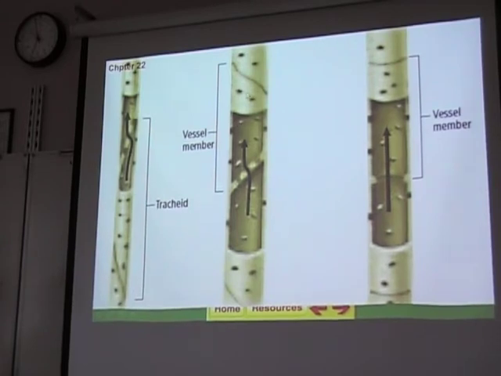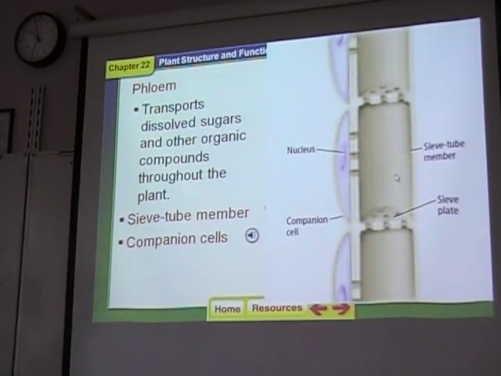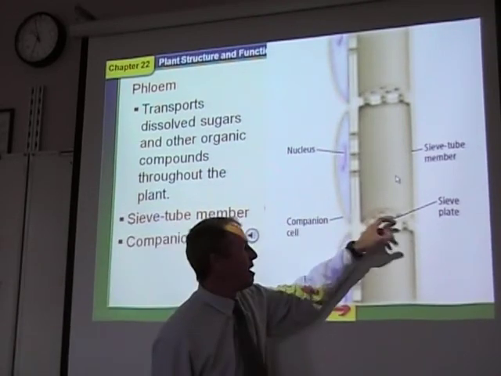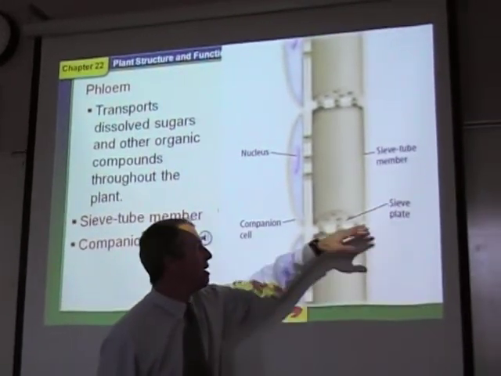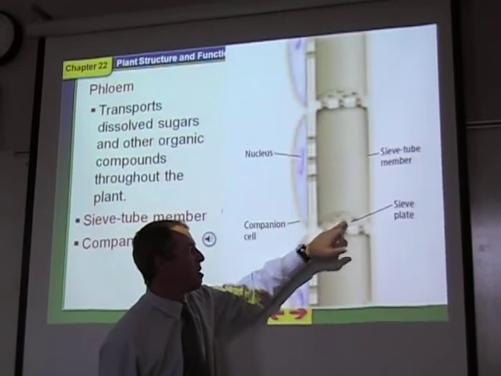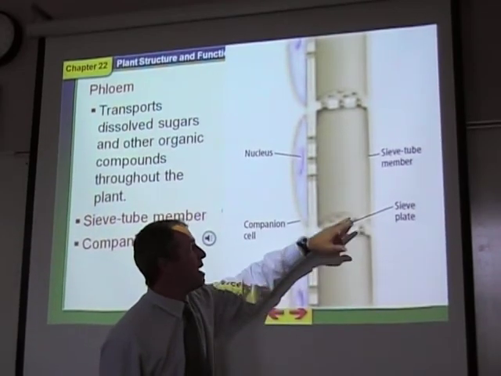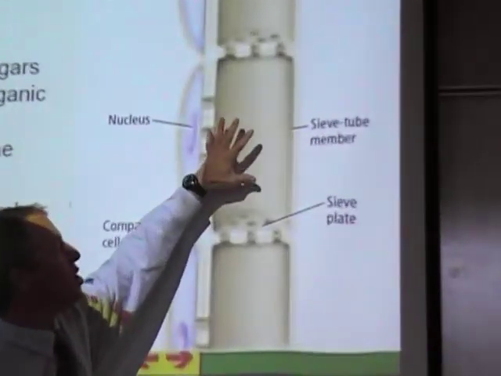These vessel members are very much like sieve tube members. They're very similar. There's a little plate on the bottom called the sieve plate that looks like the top of a salt shaker. And the gooey, sugary fluid moves down through these holes.